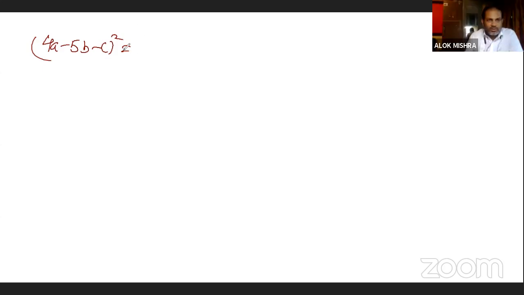As I discussed, it is the square of the first three terms, 4a the whole square plus 5b the whole square plus c the whole square, plus 2 times the product of the first two terms.